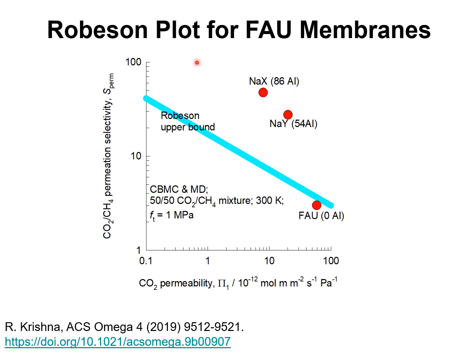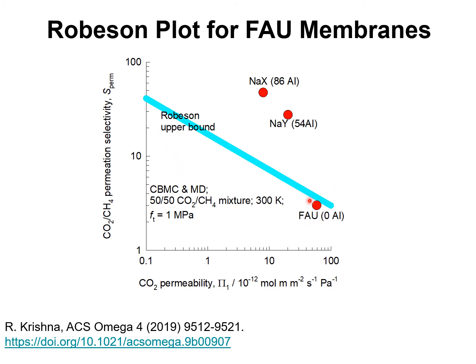This is a Robson plot of the CO2 methane permeation selectivity plotted against the CO2 permeability. The best performance of any membrane is in the top right-hand corner. We would like a performance that is right at the top right-hand side of the Robson plot.